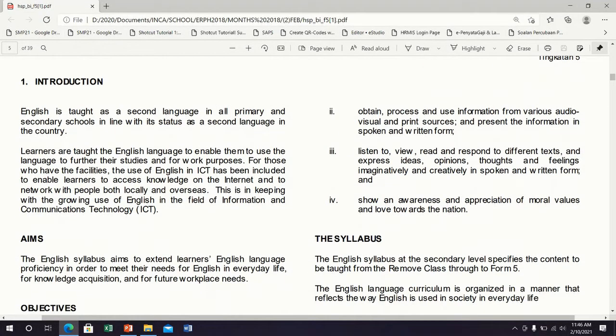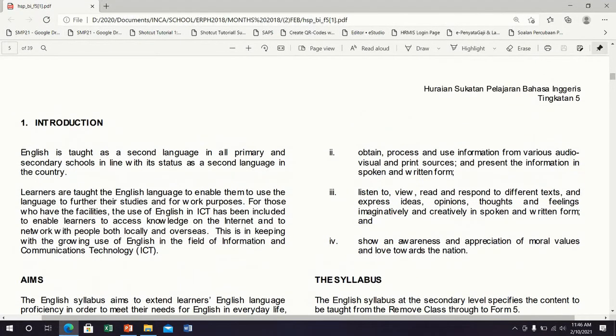And then if you look at point number two, it says that the student should be able to express ideas, opinions, thoughts and feelings. So there are a few questions in the exam paper where students are expected to express their opinions and thoughts, and for some students those questions are not the easiest because they need more practice in expressing themselves.